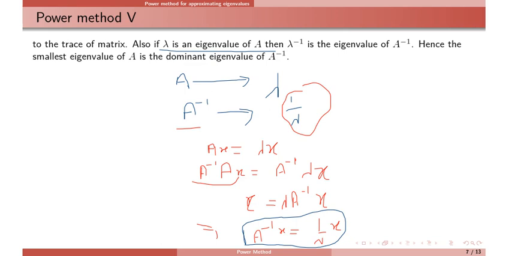So in other words, 1 by lambda is an eigenvalue of A inverse. And kindly note here that the eigenvector will remain the same, so x is the same. Okay, so if lambda is an eigenvalue of A with eigenvector x, then lambda inverse will be an eigenvalue of A inverse with the same eigenvector x.